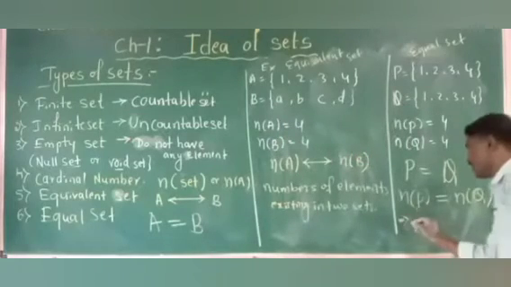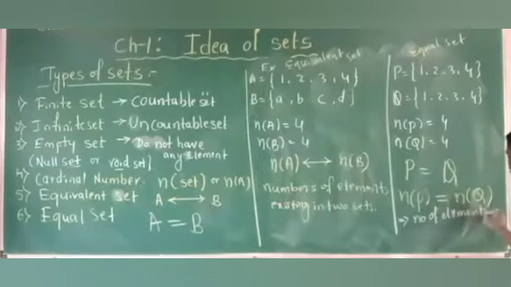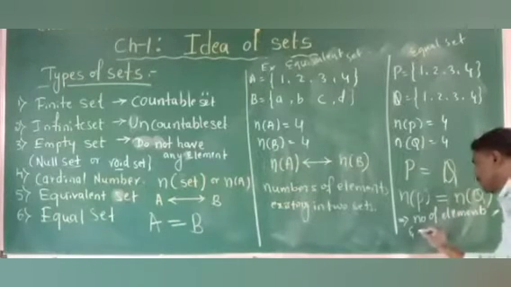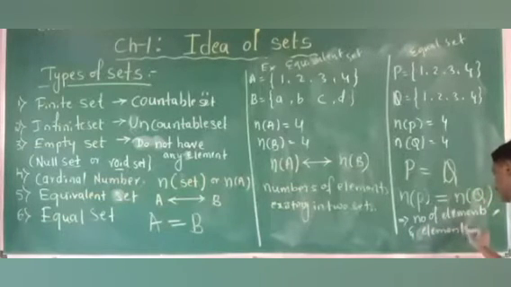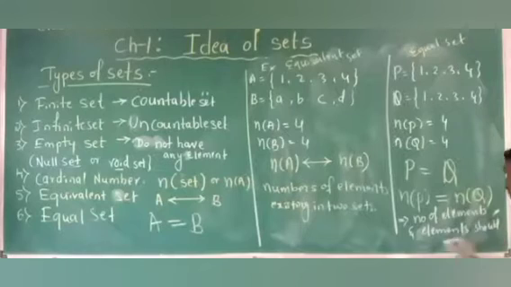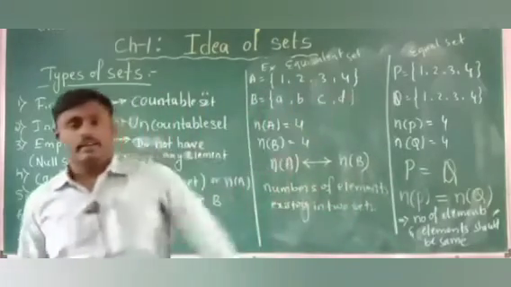It means here we are considering the number of elements, and the elements should be same. So this is the main difference between equivalent set and equal set.